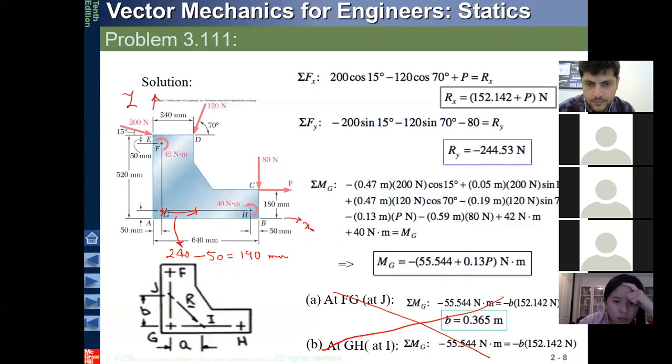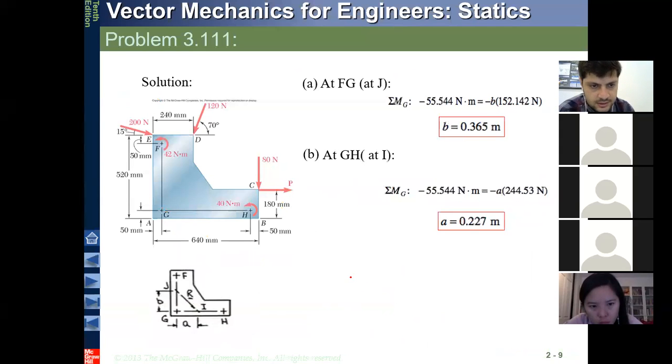So far we have derived the resultant of these four forces: 200 Newton force at E, 120 Newton force at D, 80 Newton at C, and a P at point C. So the resultant in X and Y direction, we derived these two, and also we have a moment around point G. So now we have an equivalent system.